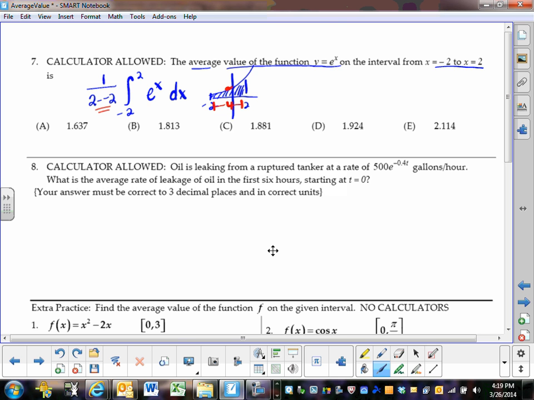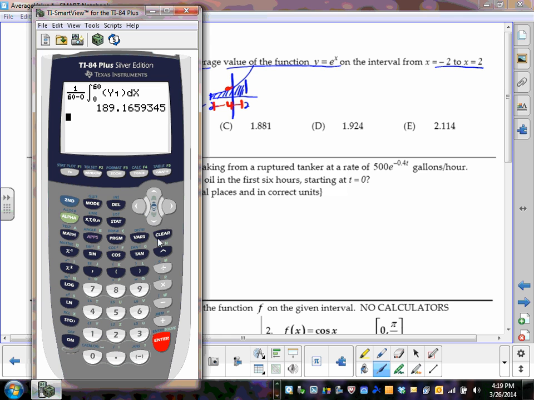So I'm going to type into my calculator. And I really don't need to store e, it's not a very complex function. But I'm going to put the fraction in, 1 over. And just to be sure, if I have a calculator question, I really want to eliminate any errors that I could possibly make algebraically or arithmetically. I'm just going to be ridiculous and type 2 minus negative 2.